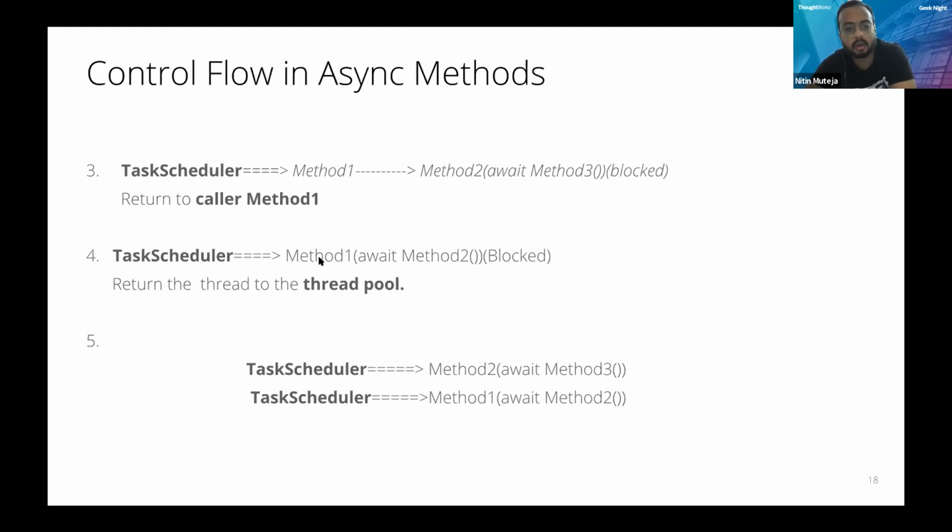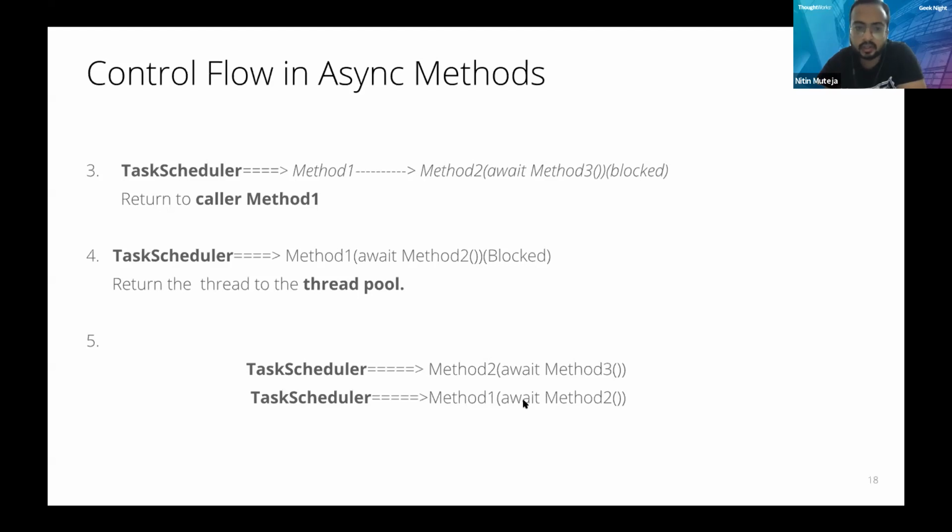Since method 1 is also blocked, my thread returns back to the thread pool with the task scheduler. Since method 3 was executed earlier, because the task scheduler figured out that method 3 can now read the response from the input output stream, the task scheduler can directly invoke method 2 because it was awaiting method 3. Then once a response from method 2 is available, method 1 can also continue executing its operation.